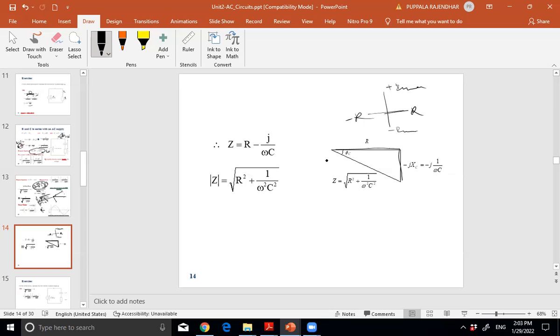Real part is R. For the capacitor, we represent it as R minus J into XC. So minus J here. This will be the resultant Z, R minus J XC. This will give the Z magnitude, right? Z is equal to the square root of R square plus 1 by omega C whole square.